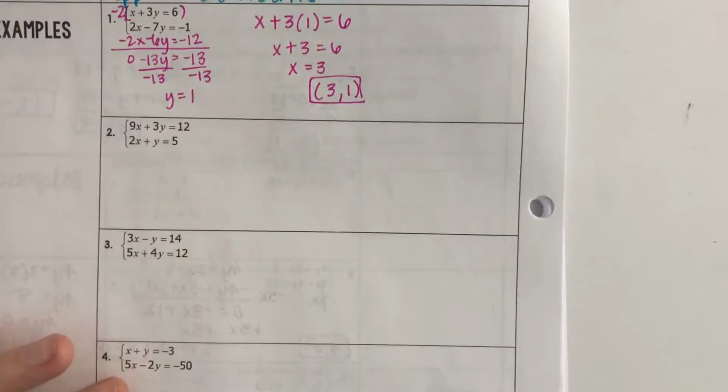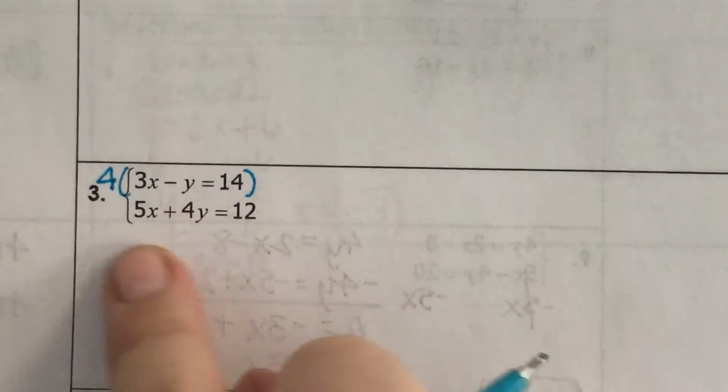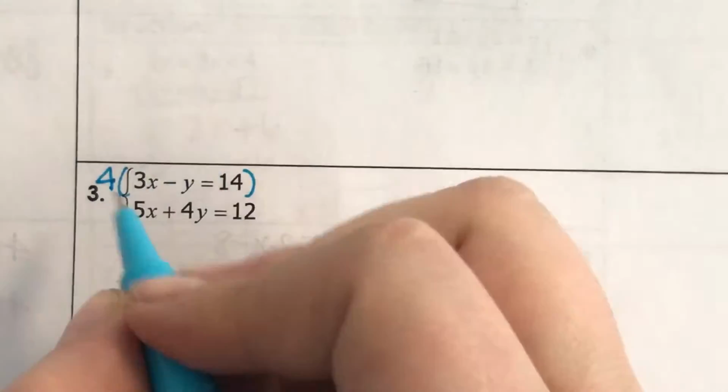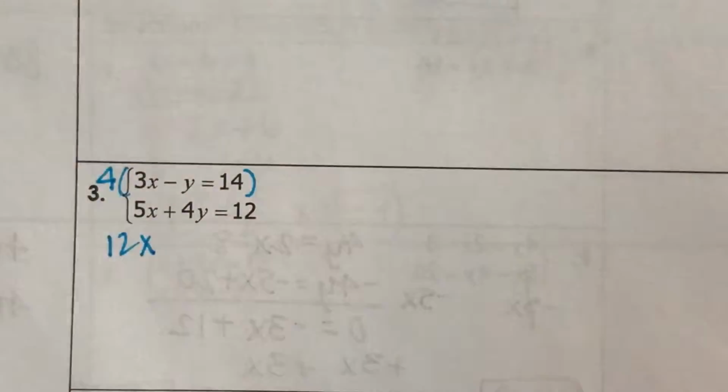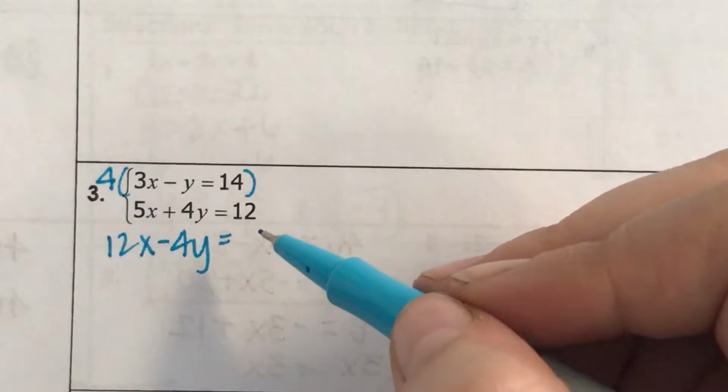I just have to multiply by 4 to change the coefficients. So I'm going to take this whole thing and multiply it by 4 and write it right underneath this one. So 4 times 3x is 12x. 4 times -y is -4y. 4 times 14 is 56.